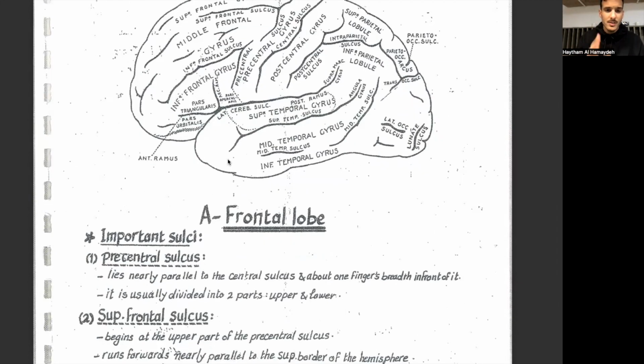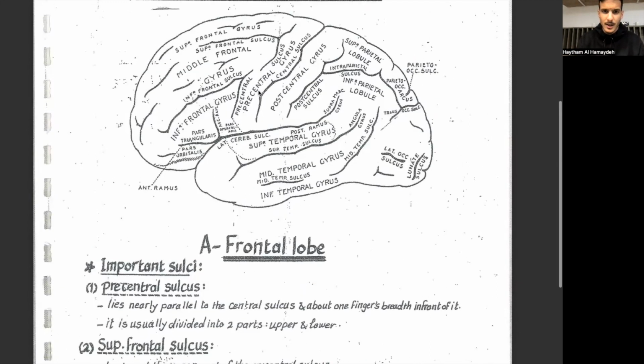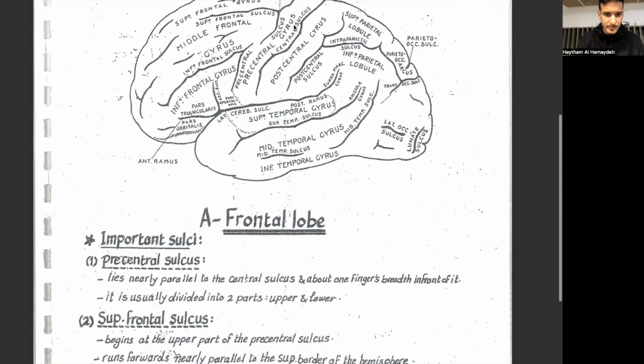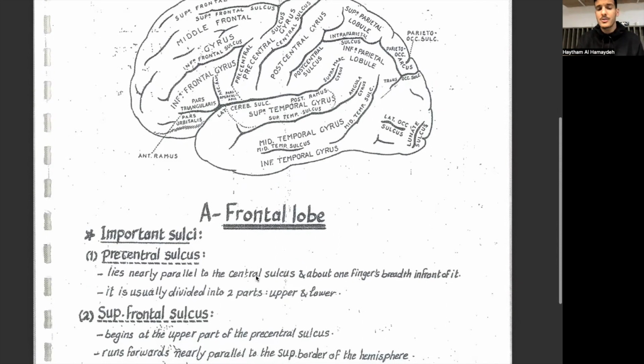Okay, important sulci within the frontal lobe: precentral sulcus. It lies nearly parallel to the central sulcus and about one finger's breadth in front of it. It is usually divided into two parts, upper and lower.